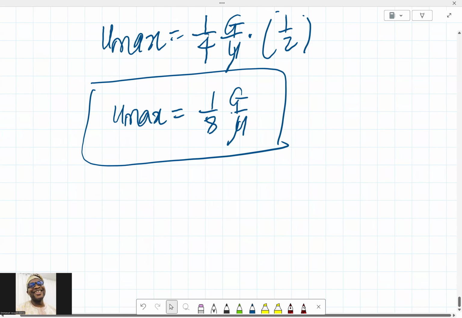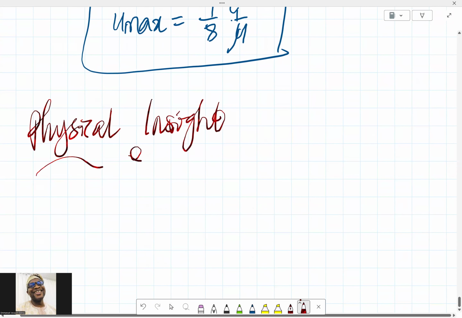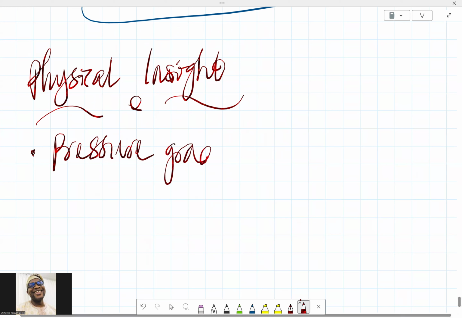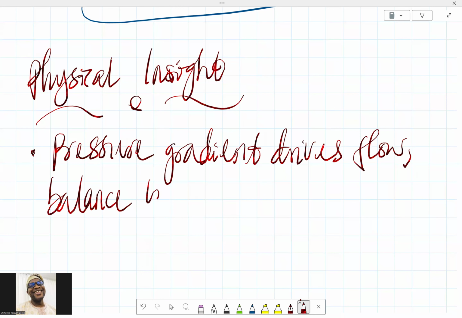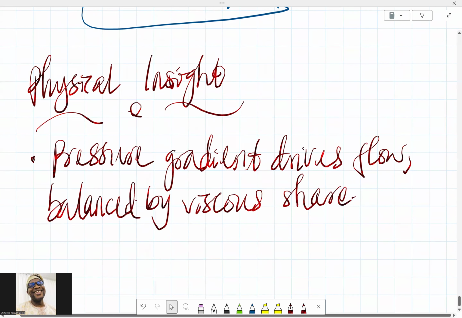Now we go for the physical insight. What is the physical insight into all this we have done so far? First of all, the pressure gradient drives flow, then balanced by viscous shear.